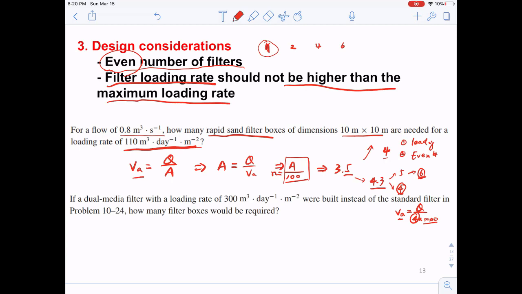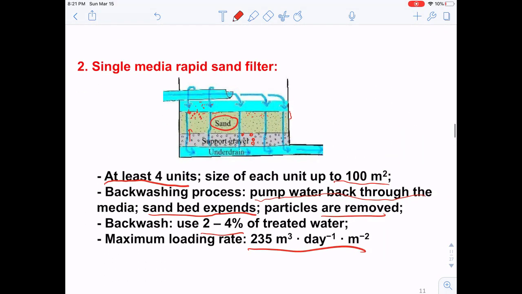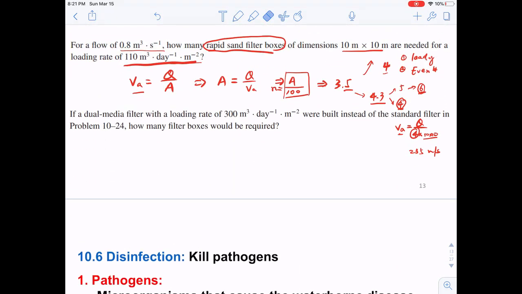What we need to make sure is that this loading rate is smaller than the maximum loading rate of the filter box. Here you can see that we're using this rapid sand filter box, which means its maximum loading rate is 235 meter cube per day per meter square.